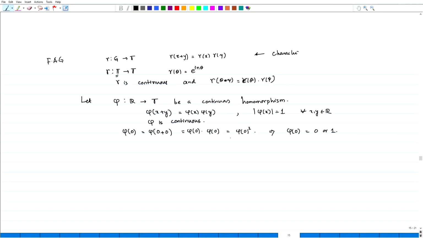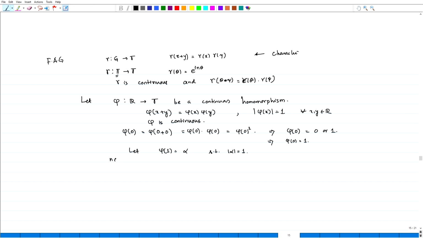So, this will imply that phi of 0 is equal to 1. And then let phi of 1 be equal to alpha, such that the modulus of alpha is equal to 1.